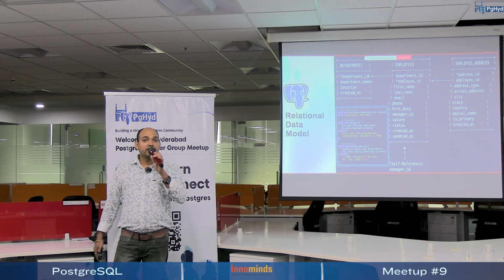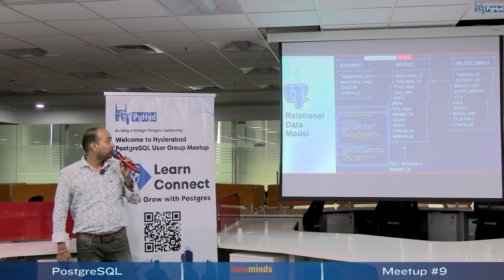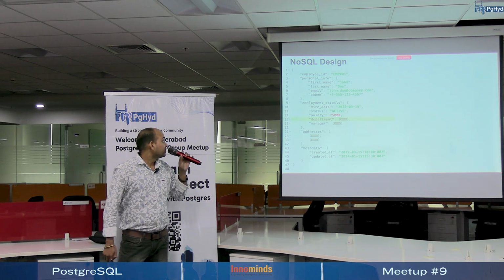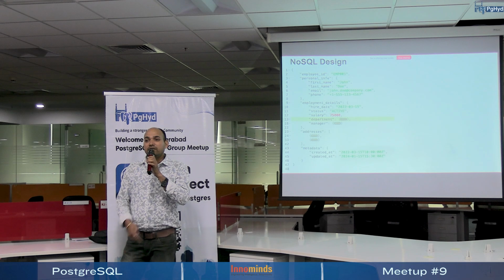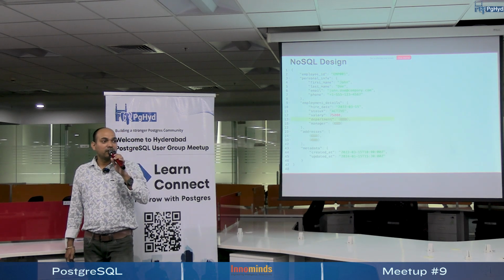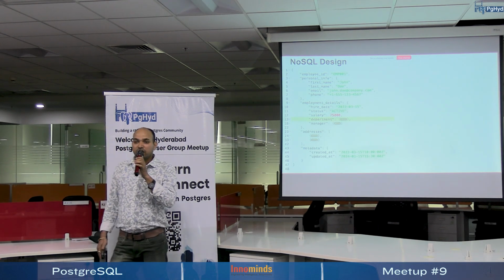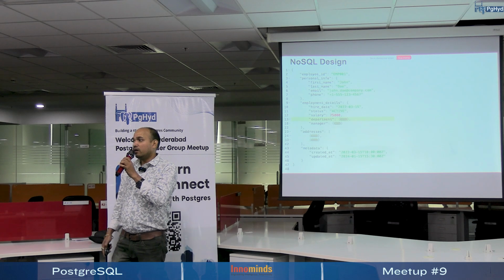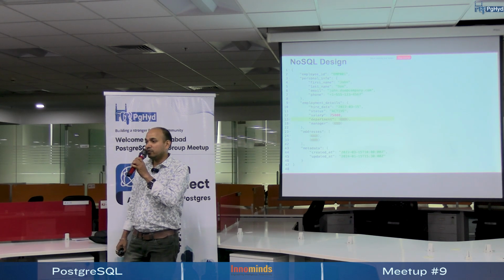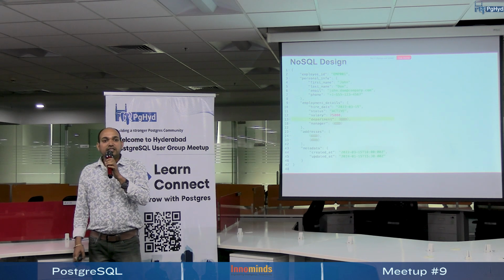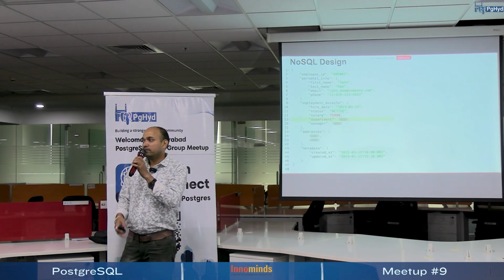So how do you design this in a NoSQL way? There are different forms of NoSQL designing, and this is one of the basic forms. When you design your NoSQL data model, you first have to identify your access pattern, and based on the access pattern you design the NoSQL data model.